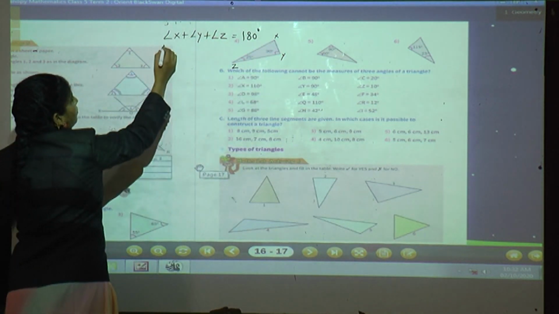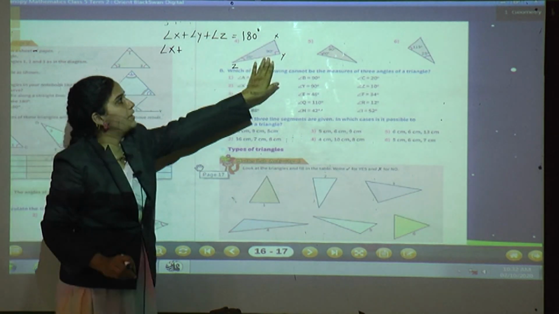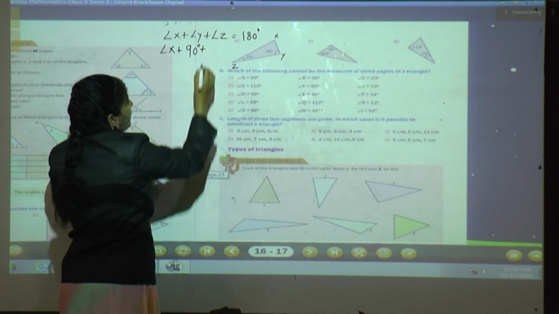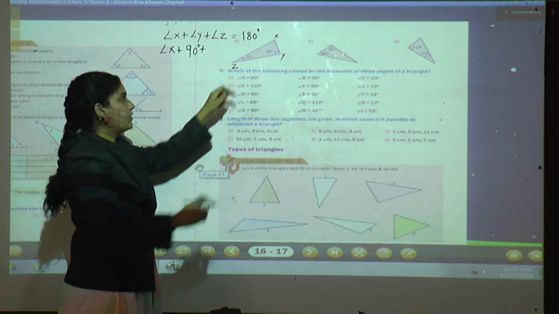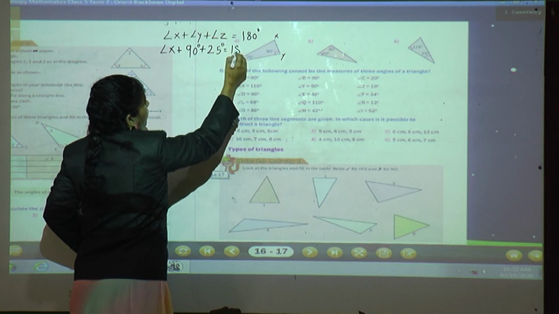Now we have to find angle X. What is the measure of angle Y? Here 90 degree. Then angle Z is equal to 25 degree. Again it is equal to 180.